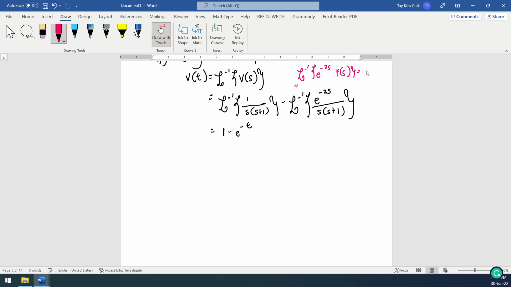The result is f(t minus 2) h(t minus 2), where it's the same F(s), 1 over s plus 1. So f(t) is here, so f(t minus 2) will be 1 minus exponent negative t, where you change the t to t minus 2, times h(t minus 2). Check question number 5.